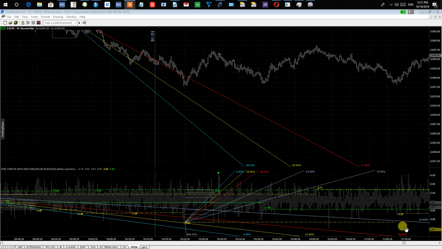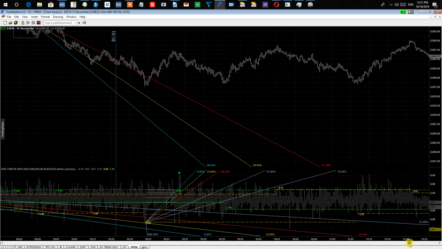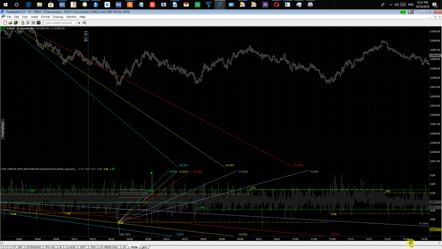Now let's take it a little further. We started first of all with this low here and this high. Now let's go from this low to this high, and see if we can predict this high over here.